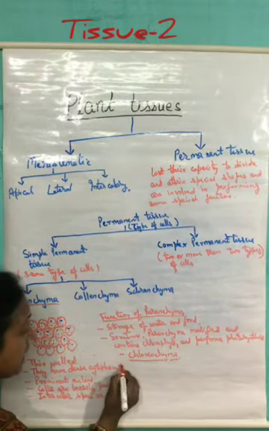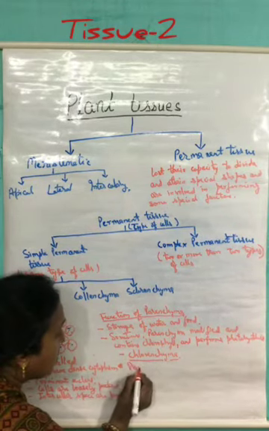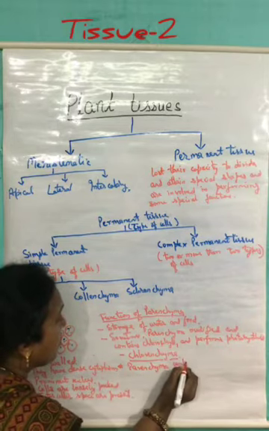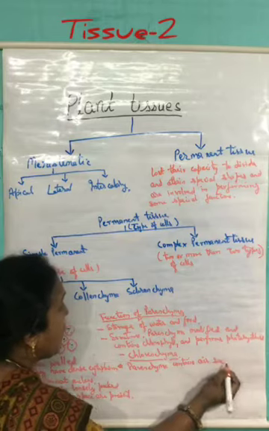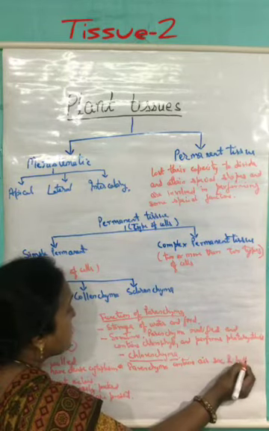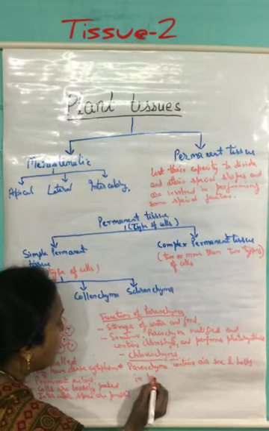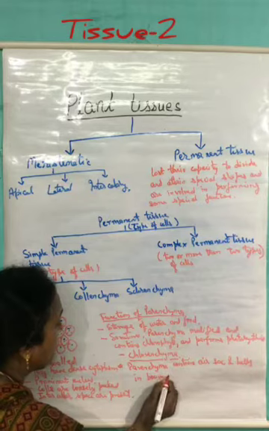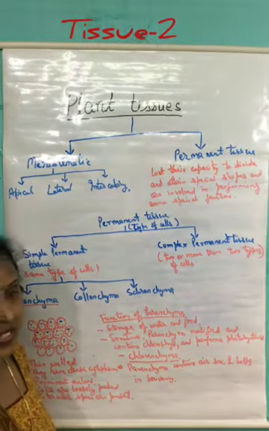Sometimes, in case of aquatic plants, the parenchyma contains air sacs and helps in buoyancy and helps the plant to float over the surface of the water.